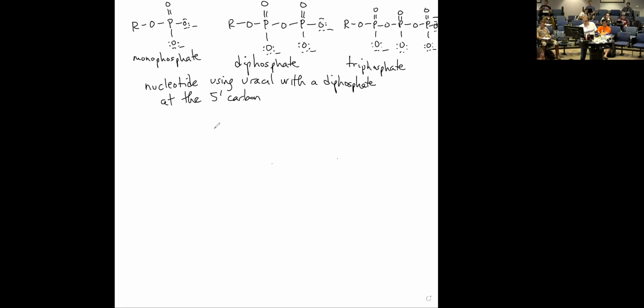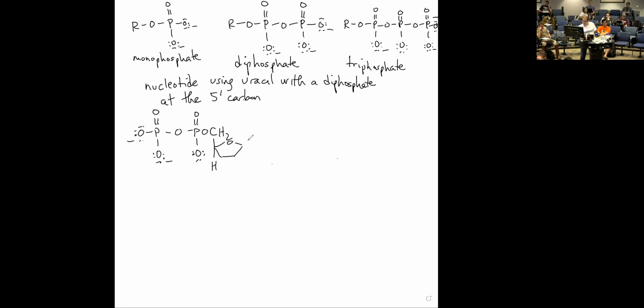So what we'll do, since my 5' carbon is over here, let me just sketch in my ribose ring. Instead of writing CH2OH, I'm going to put my diphosphate ester over here. So there you go.